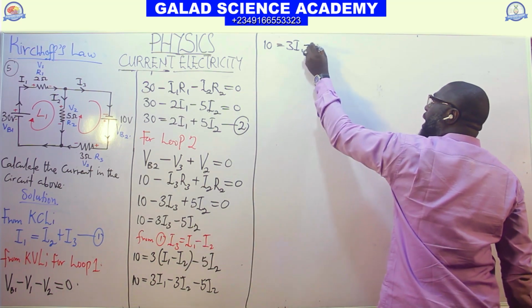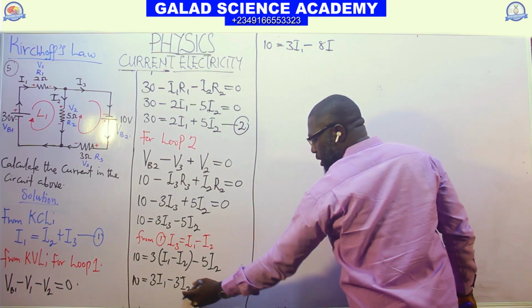Add this together: 10 equals 3I1 minus 8I2.